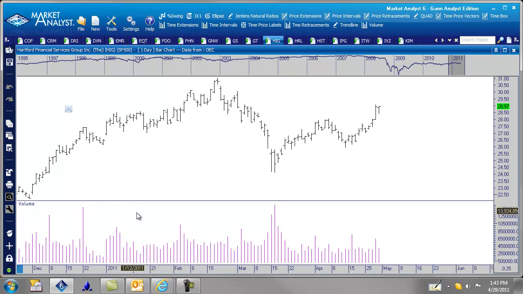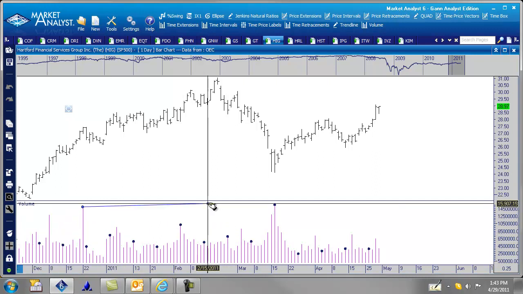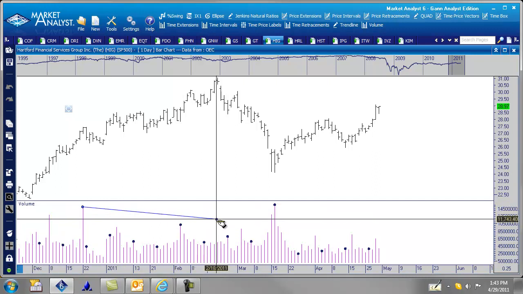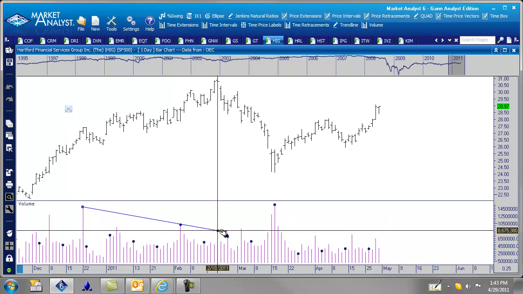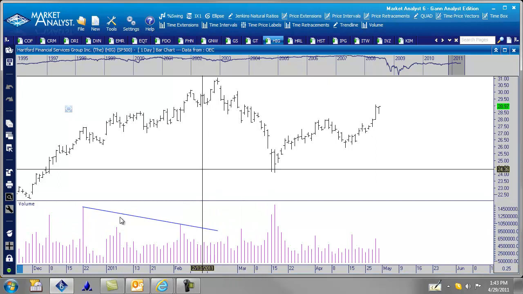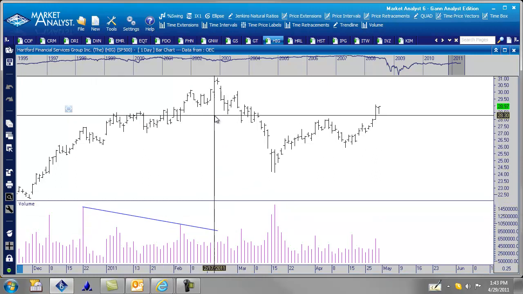It looks like perhaps the volume has been going down. Let's identify that with a trend line. I can turn on the crosshairs so we can line up with the X point. Okay, so that looks like a good decline in volume during the WX leg.